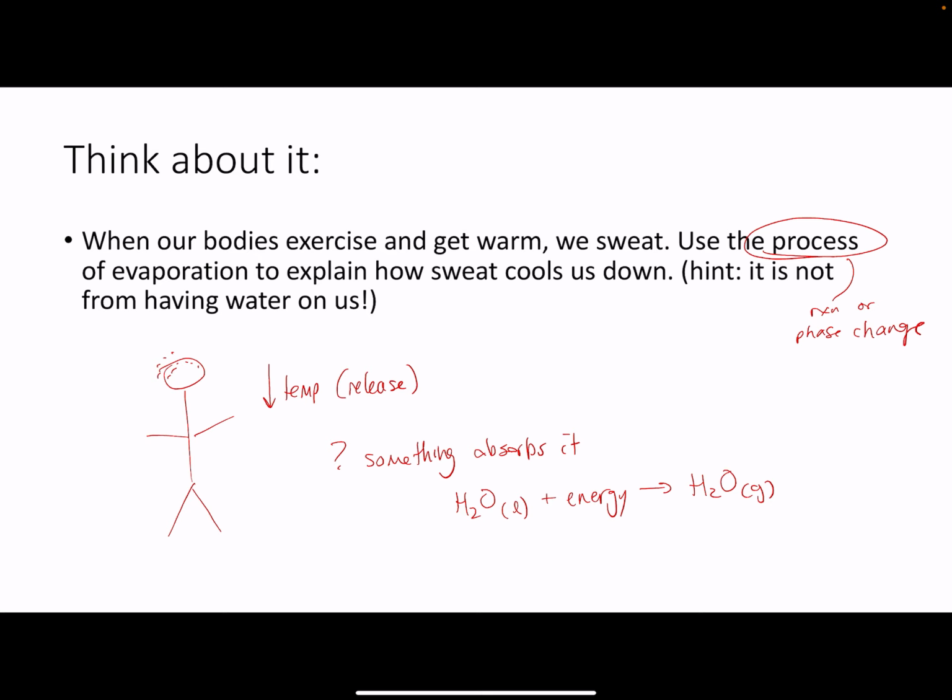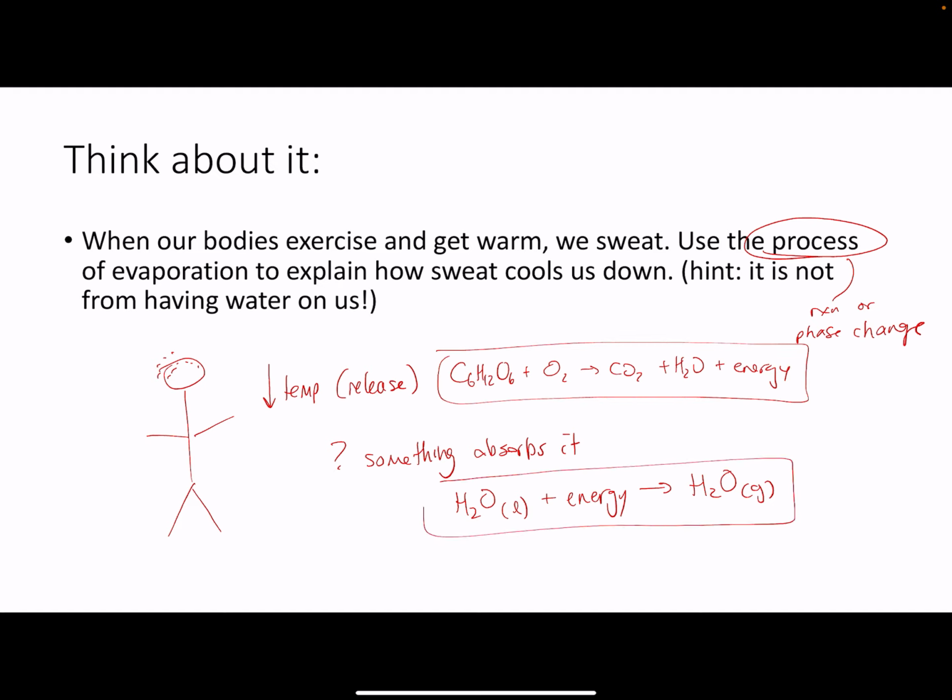So by absorbing the energy from us, the system, which we're exercising and we're generating heat from cellular respiration, okay, so really us exercising is the burning of glucose. So we'll just jot that down here. Okay, and that's an exothermic process. Every exothermic process needs to be paired with an endothermic process. So the heat from our body allows the liquid water, our sweat, to evaporate, and when it evaporates and turns into a gas, it takes that energy with it and allows us to cool.